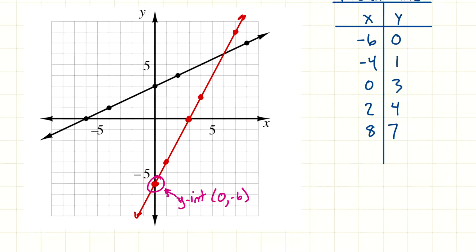And we also need the slope. So let's see, rise over run. I'll pick this point. If I go up 2 and over 1, up 2 and over 1, this gives us a slope equal to 2 over 1.